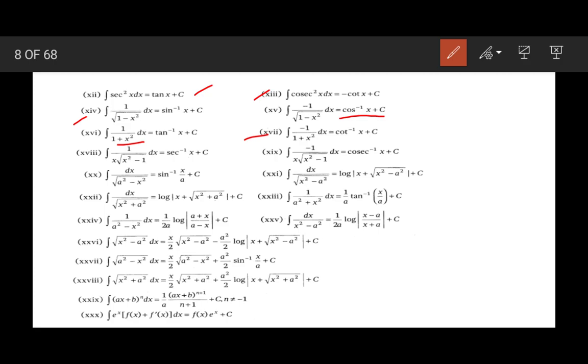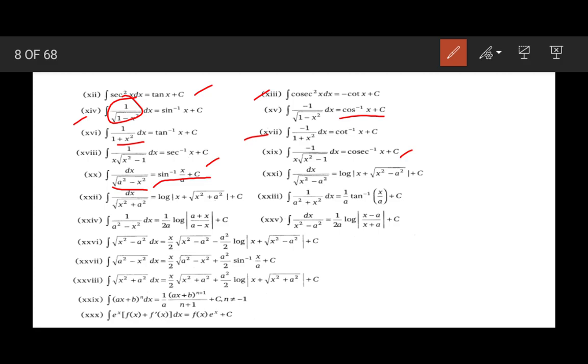Then the integral of 1 upon x under root of x square minus 1 dx is equal to sec inverse x plus c. If it is minus, then it is cosec inverse x plus c. Now from this we have these formulas. The integral of dx upon under root of a square minus x square is sin inverse x upon a plus c.